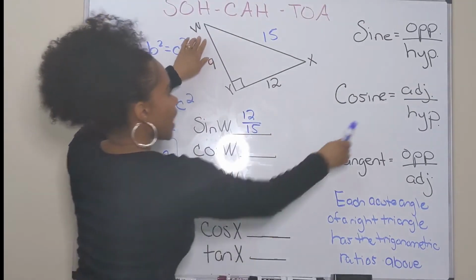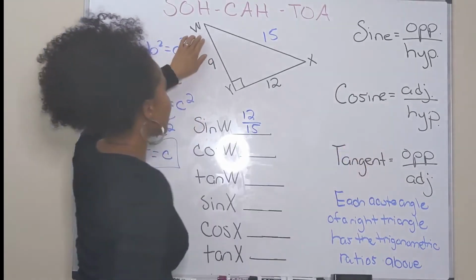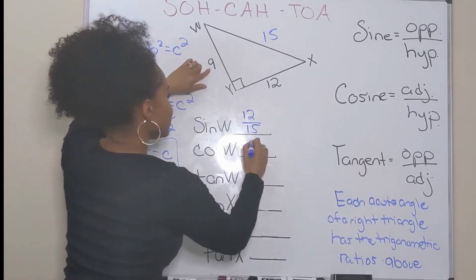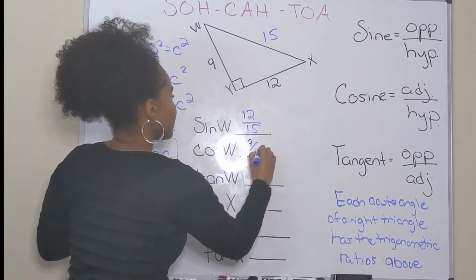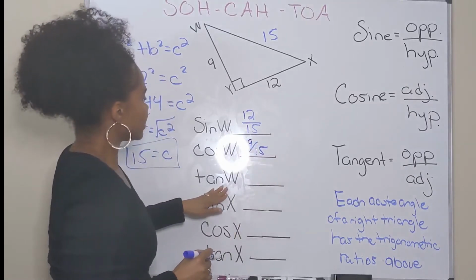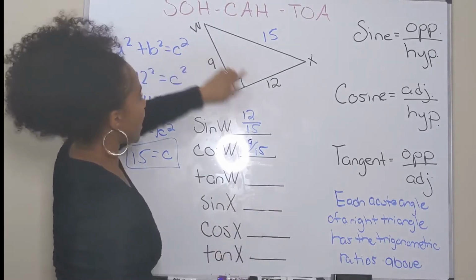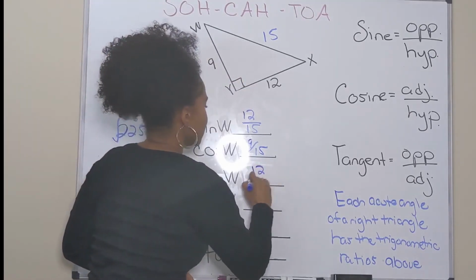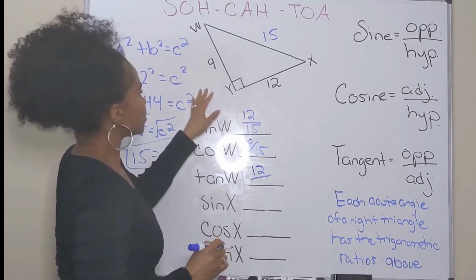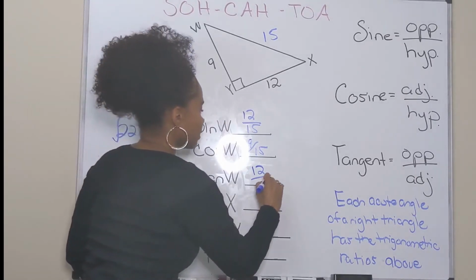Cosine is adjacent over hypotenuse: adjacent is 9, and the hypotenuse is 15. Tangent of W is opposite, which is 12, over adjacent, which is 9.